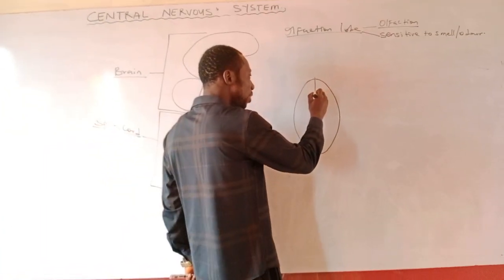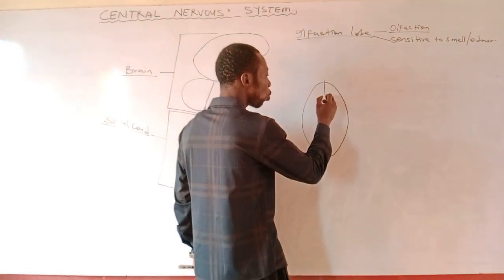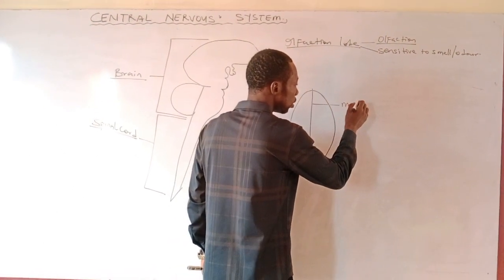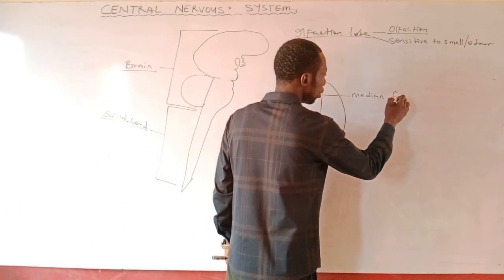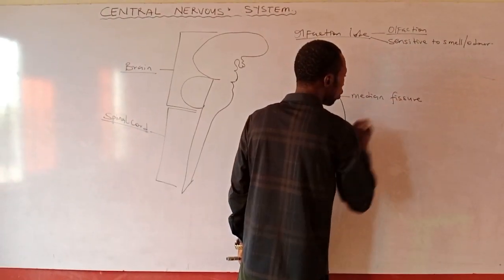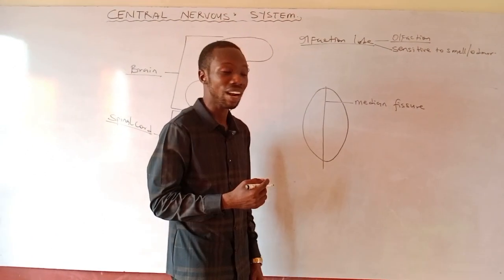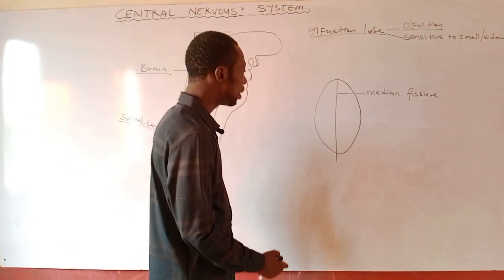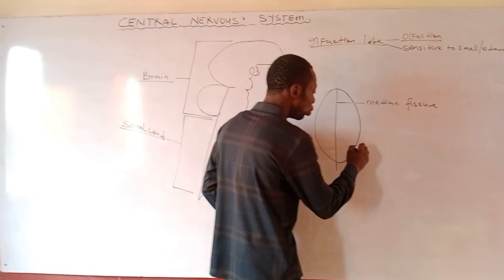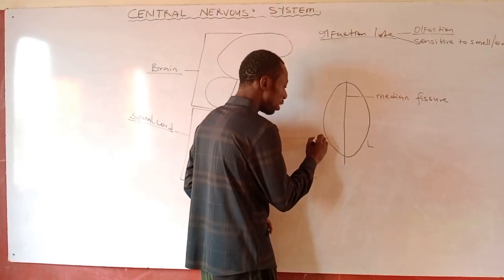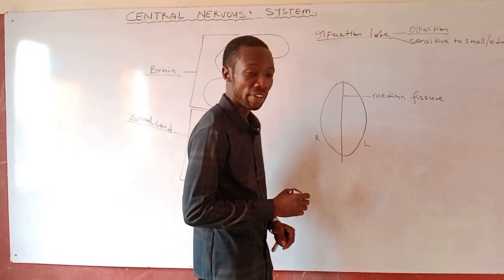The cerebrum is divided into two by a midline called the median fissure, also known as the sutural line, that splits the cerebrum into the left hemisphere and right hemisphere.